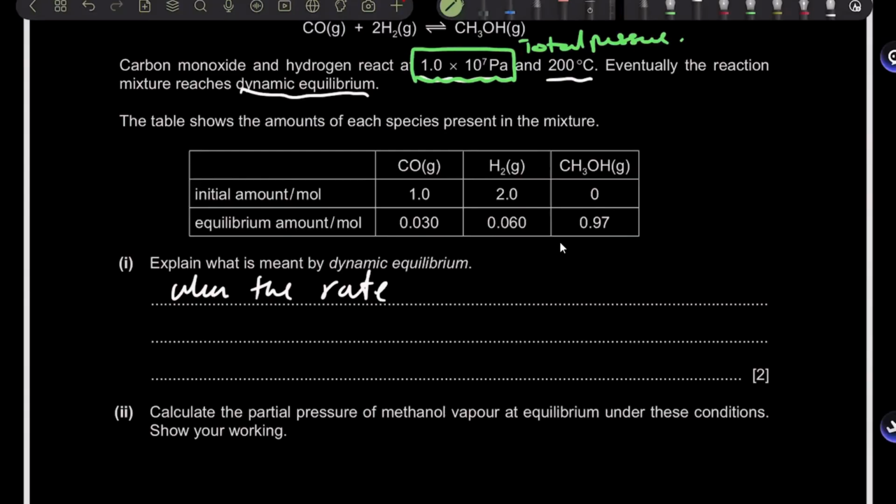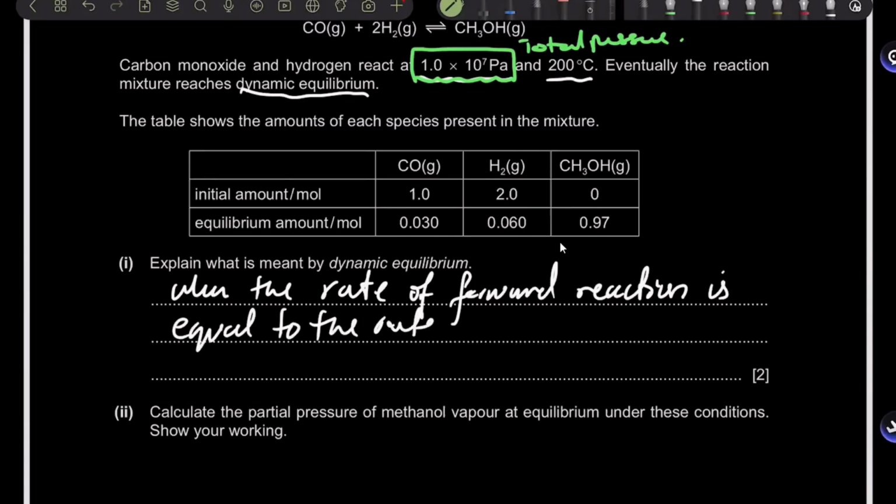The examiner expects that you know all the definitions by heart. You have to memorize all these definitions. So when the rate of forward reaction is equal to the rate of backward reaction in a reversible reaction.